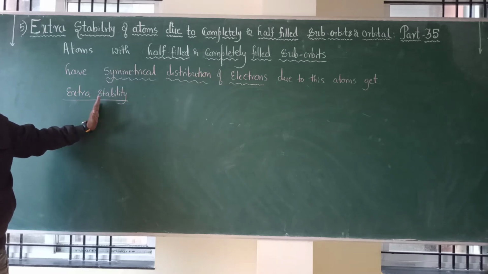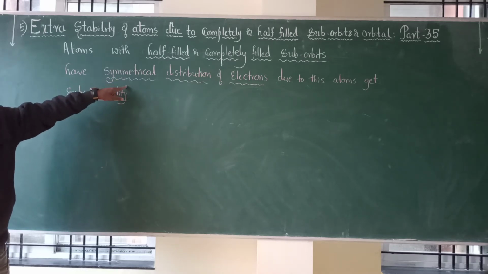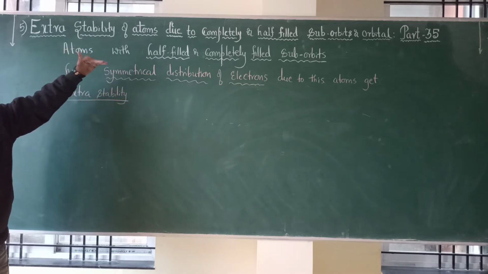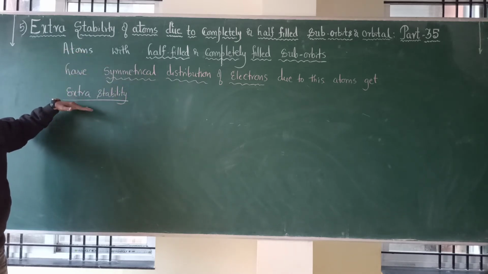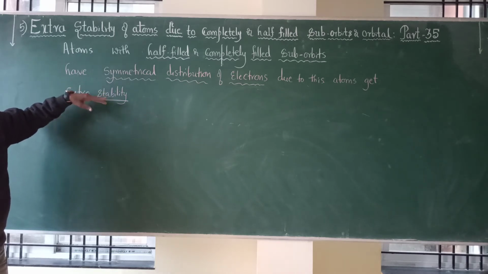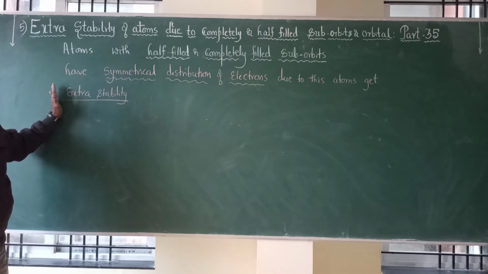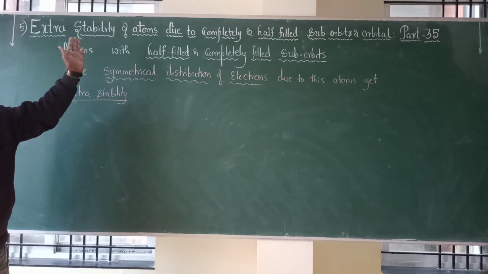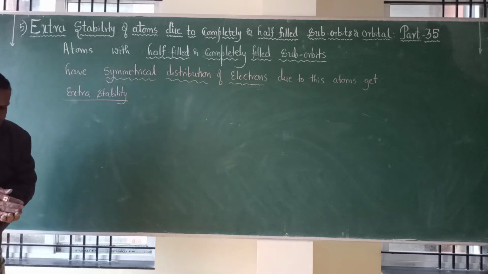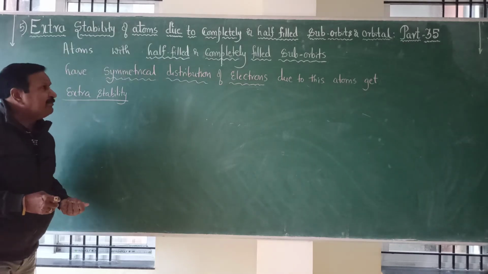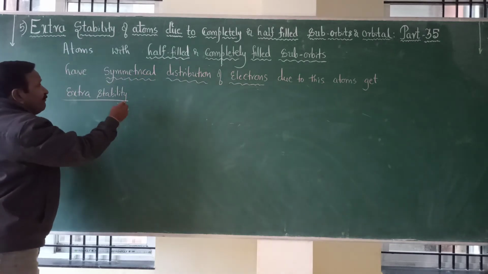Hence, due to the symmetrical distribution of electrons, when they are half filled or completely filled, atoms get extra stability. So due to this, in electronic configuration, we get some exceptions. That is a very important point.